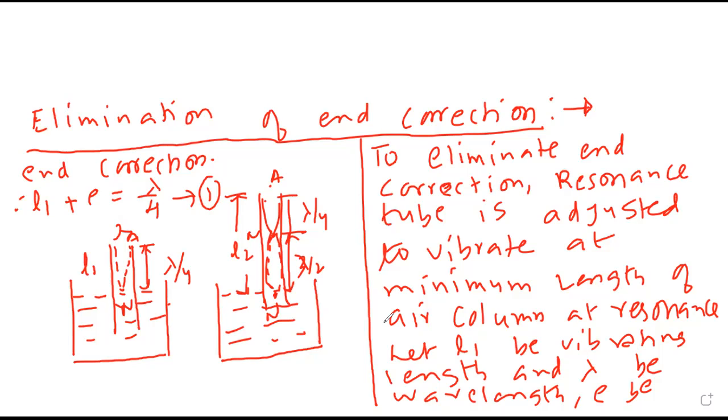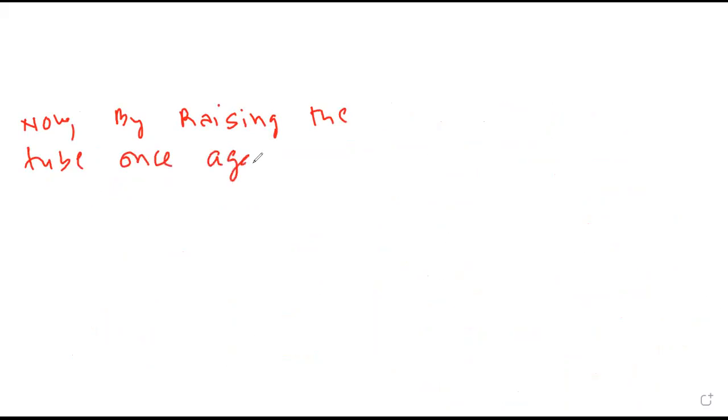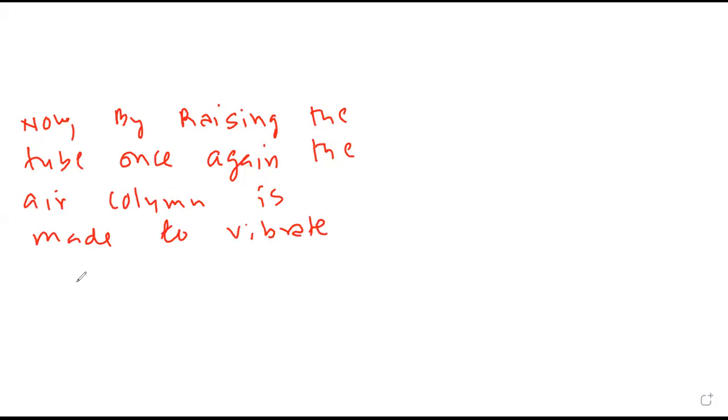Now, by raising the tube once again, the air column is made to vibrate at resonance with the tuning fork.